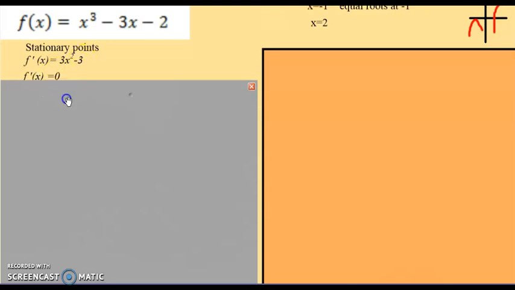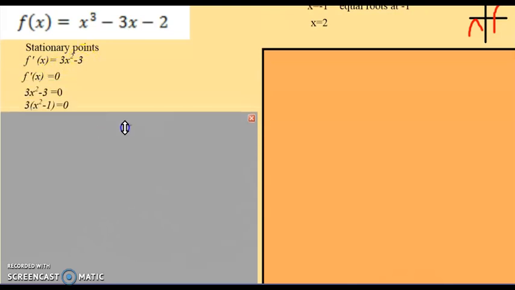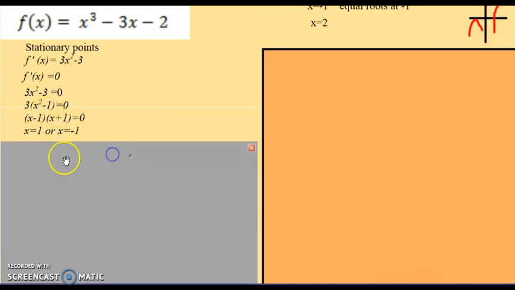But now I must equate that to 0 and solve for x. Take out the common factor, which is 3. So it leaves me with x squared minus 1, the difference of squares. My factors will be x plus 1, x minus 1. Then x will be equal to 1 or x will be equal to negative 1. Now I take these two values and substitute them into the original function.